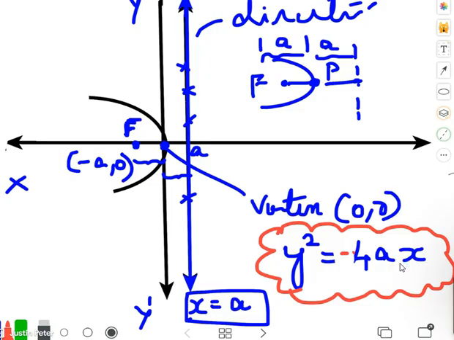Can we go on to the next type of parabola?